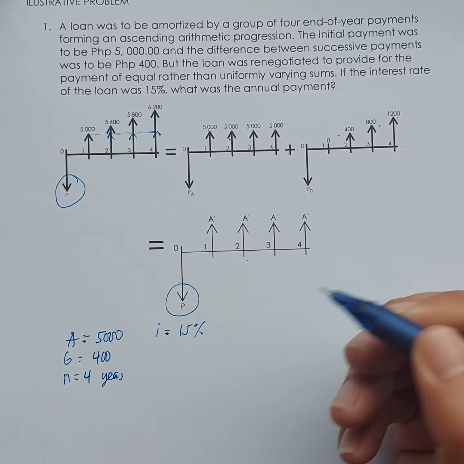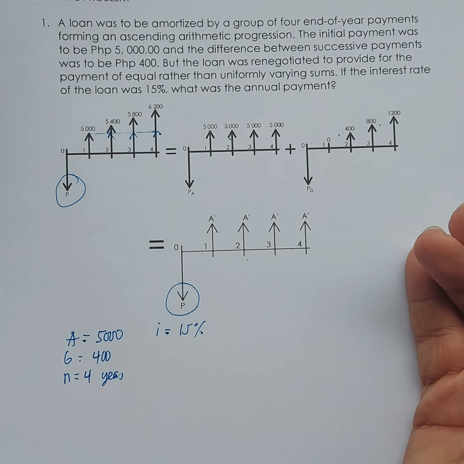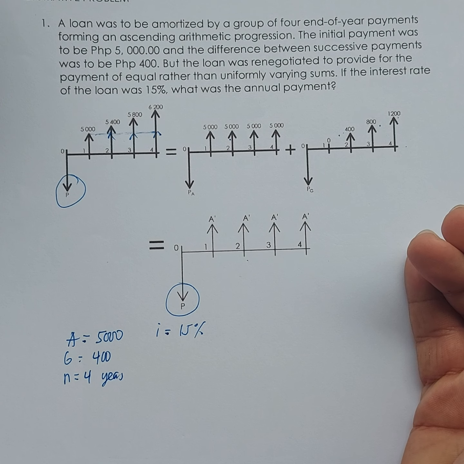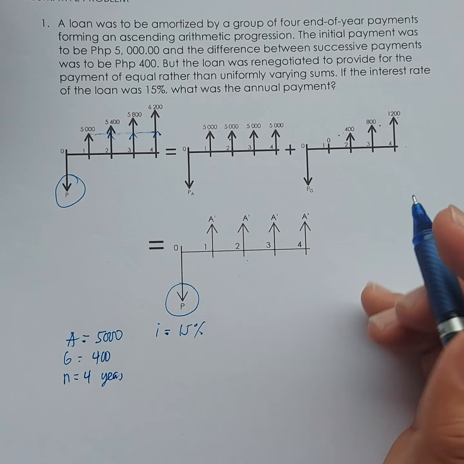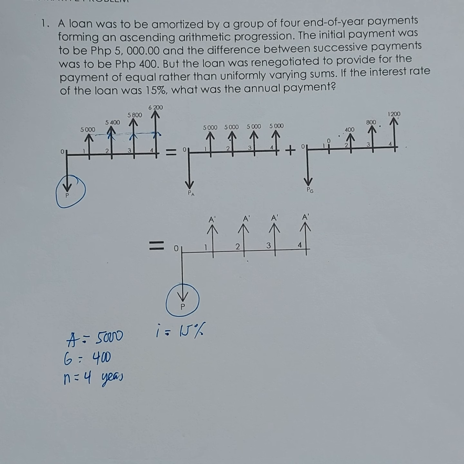The interest rate is quite high. So we can solve first for the present worth of this arithmetic gradient cash flow.